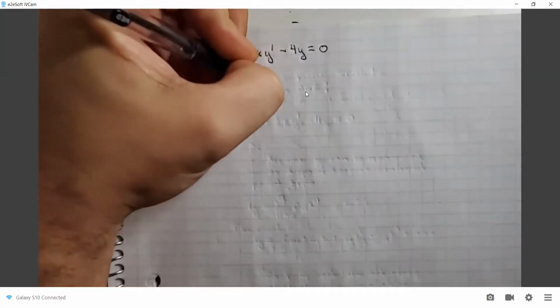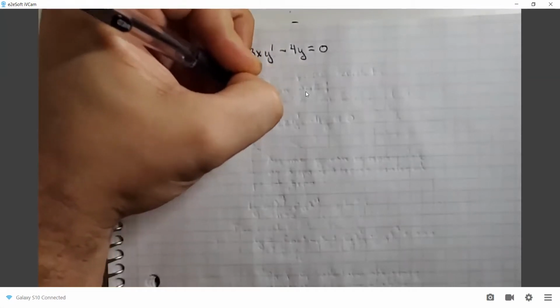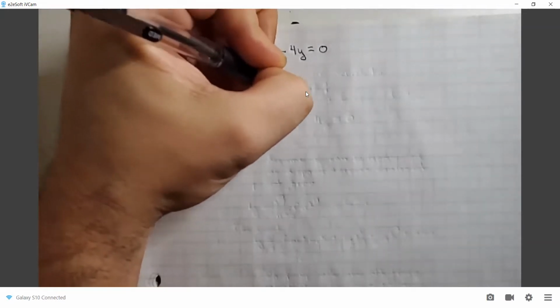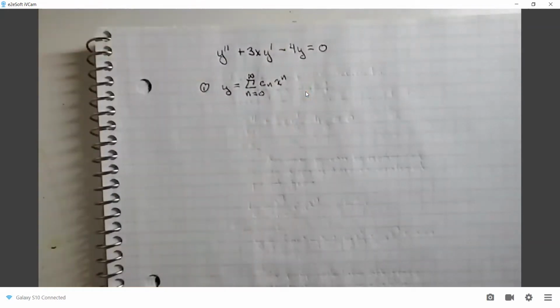Then our step 1 is we're just going to assume y is equal to the sum as n goes from 0 to infinity of Cn x to the n. We're just guessing that whatever our function is, it has this form, and our goal is to figure out what all the C's are in terms of C0 and C1.